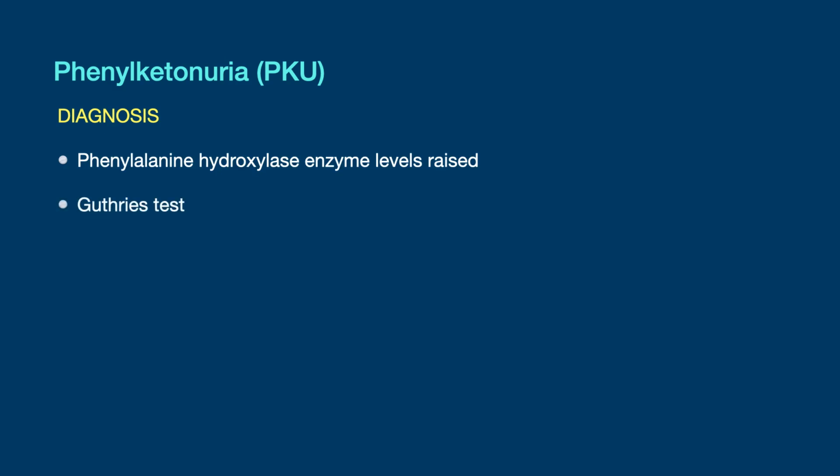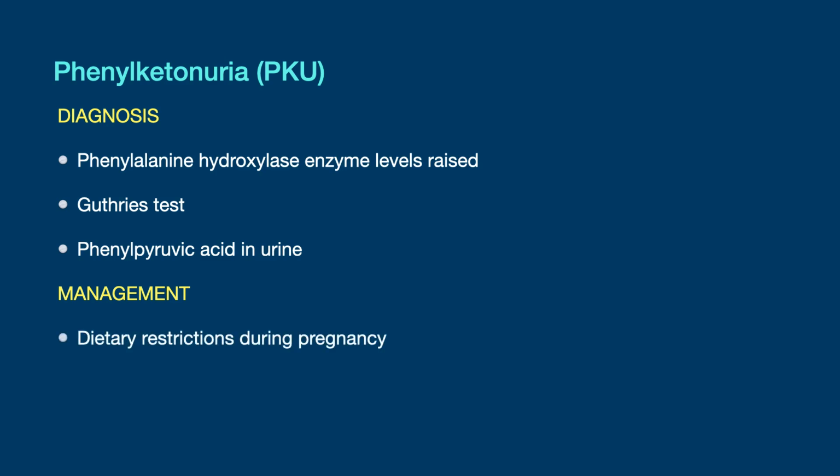The Guthrie test, which is the heel prick test done at 5 to 9 days of life, also looks for other biochemical disorders such as hypothyroidism, and phenylpyruvic acid in urine. Management-wise, there's poor evidence base to suggest strict diet prevents learning disabilities. Dietary restrictions are advised during pregnancy, as genetically normal fetuses may be affected by high maternal phenylalanine levels.